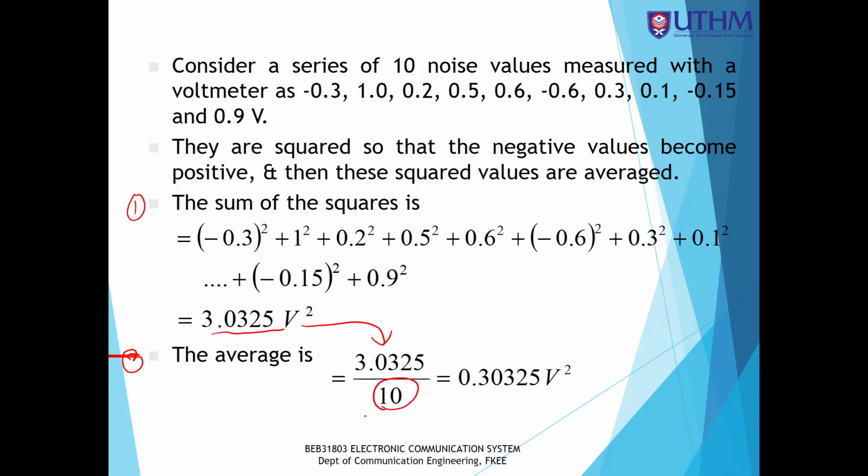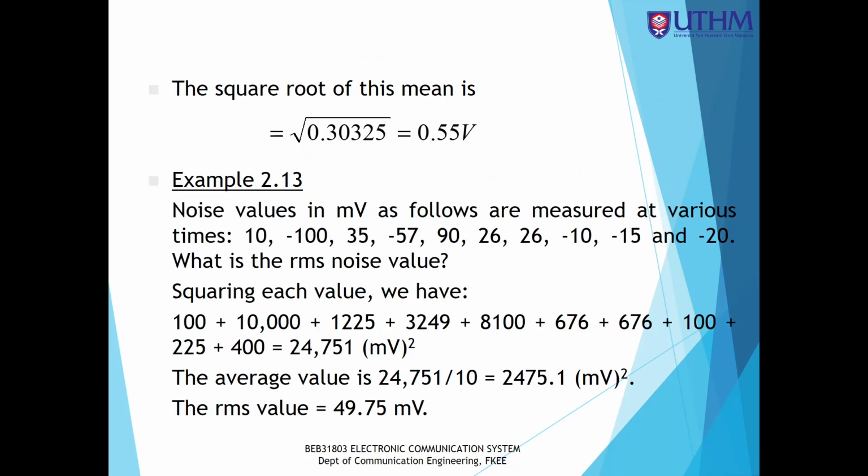Why 10? Because we have 10 voltage readings. If we have 100 values, we divide by 100. If we have 20 values, we divide by 20. So in this example we divide by 10 to get the average of the quadratic summation. The last process is to find the square root.